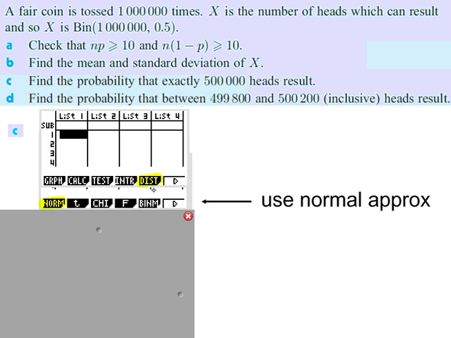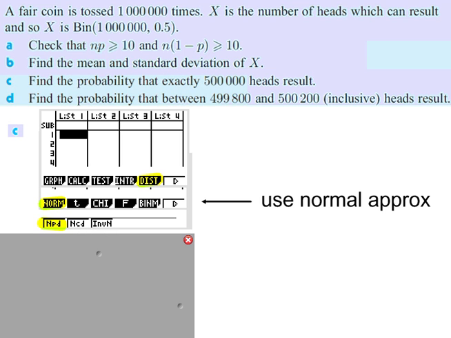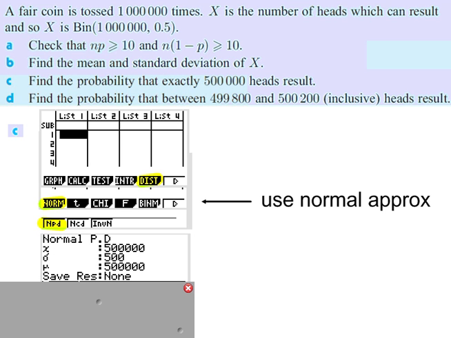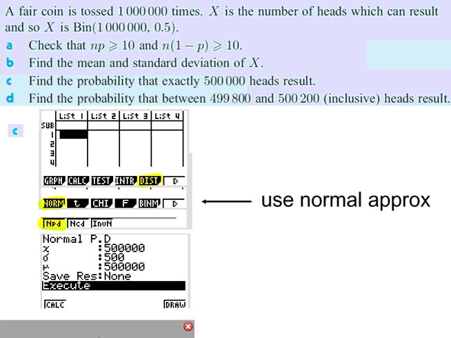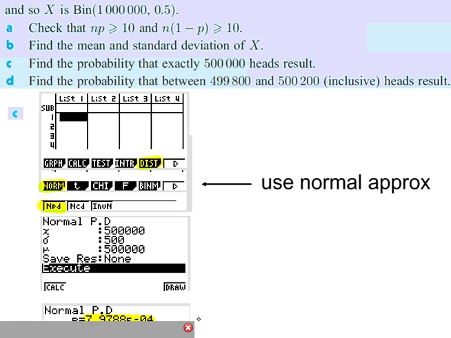Now rather than choosing a binomial distribution, we can choose a normal distribution, and you're working out the probability at one instance, not a cumulative calculation, so NPD, and enter the values. We have the deviation and the mean worked out. We want our situation and execute on that, and we end up with an answer of 0.00007978.